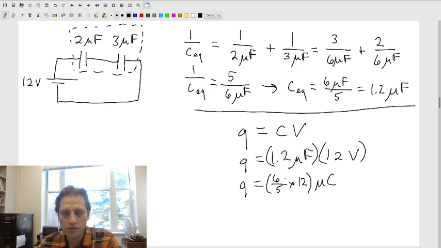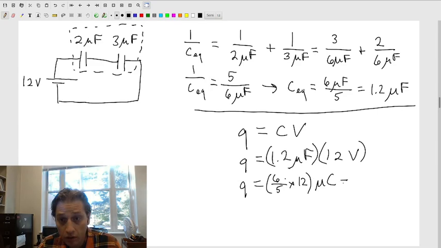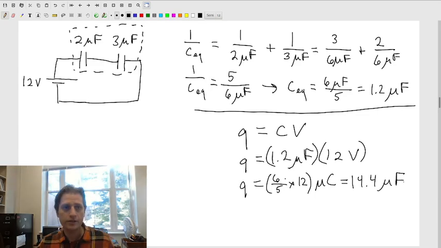Okay, so 6 times 12 is 72, 72 divided by 5. I should have done this beforehand. I'll take out my calculator and do it. 6 times 12 divided by 5 gives me 14.4 microcoulombs.